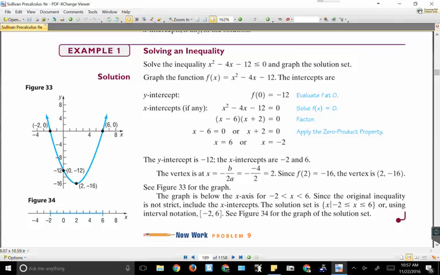Now, graphing this out makes life a lot easier simply because we can identify what it is that we want, as the point either above or below, and then our equation. More often than not, we're going to end up setting this thing equal to 0 and looking for the x-intercepts.